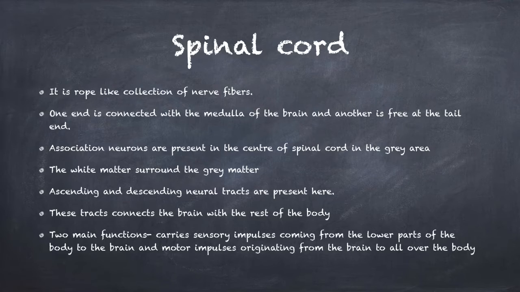So there are two neural tracts present here, and they have different functions. If possible, I will tell you about the functions of descending and ascending neural tracts in the next class, but since it is not in your book, it is not important from the examination point of view. These tracts, collections of nerve fibers, connect the brain with the rest of the body. The rest of the body is connected through these neural tracts.